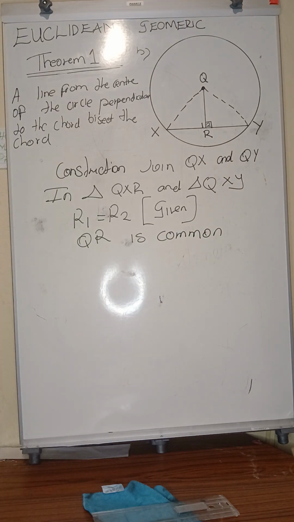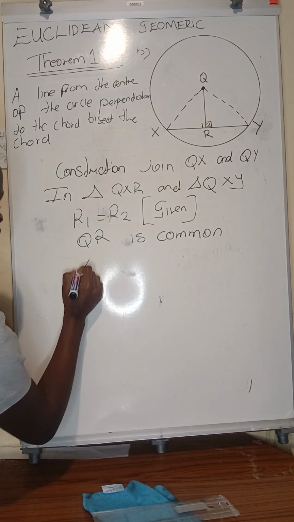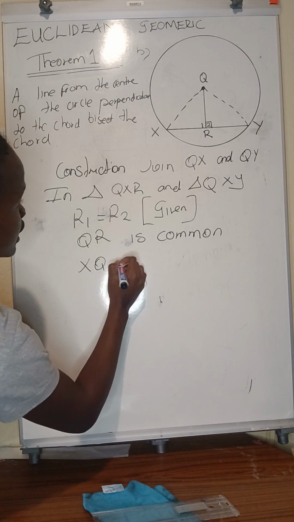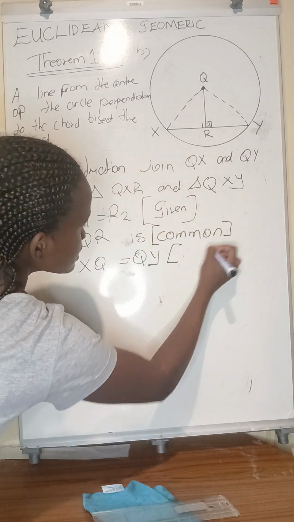And then lastly, what are you guys saying? Yes, that's correct. XQ and QY are the radius. XQ is equal to QY. The reason is what?